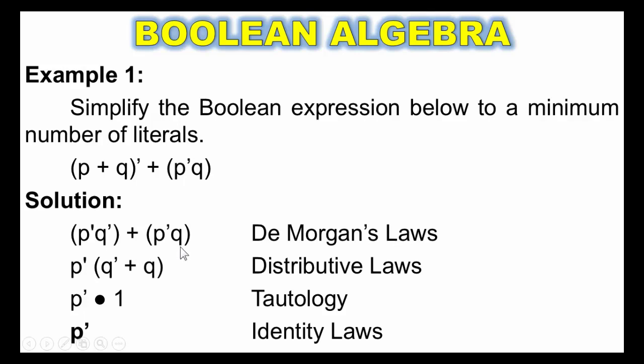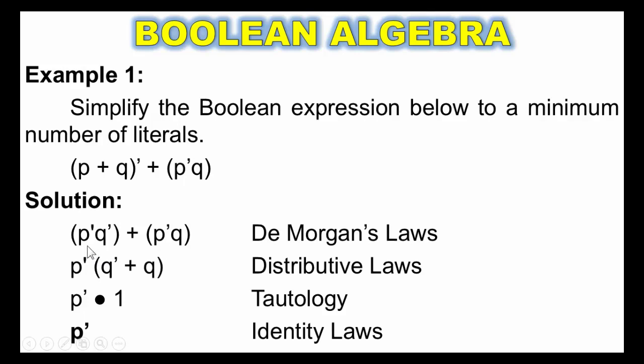Next, we examine again from left to right. We can now find out that we can apply distributive laws. We can observe that not of P is present in the two terms.